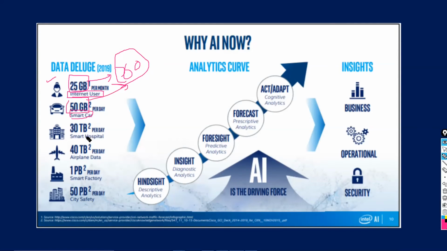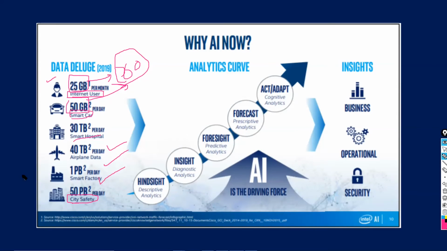Smart hospitals, which are equipped with health monitoring systems, generate around 30 terabytes of data per day. A typical Airbus generates around 40 terabytes of data per day. Similarly, a smart factory generates around 1 petabyte of data per day, and city safety or city surveillance systems generate around 50 petabytes of data per day.